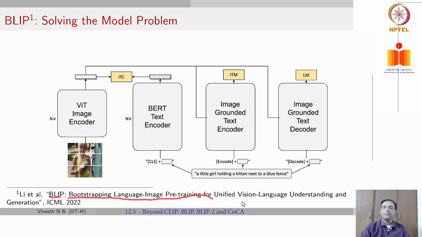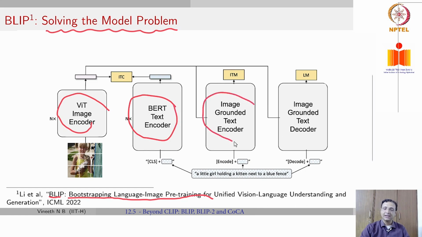And as you can see here, their objective was to solve the model problem in CLIP, and their entire model is made of 4 components: a ViT image encoder, a BERT text encoder, an image grounded text encoder, and an image grounded text decoder. The input to their system is an image which is divided into patches, as well as the text corresponding to the image.